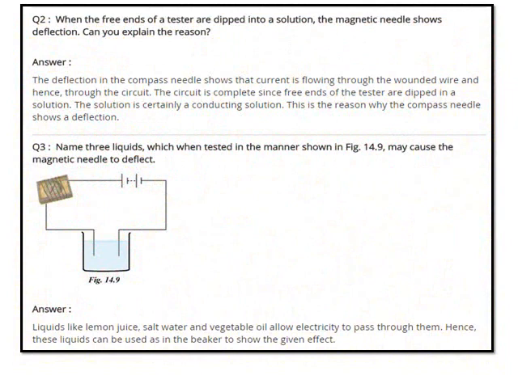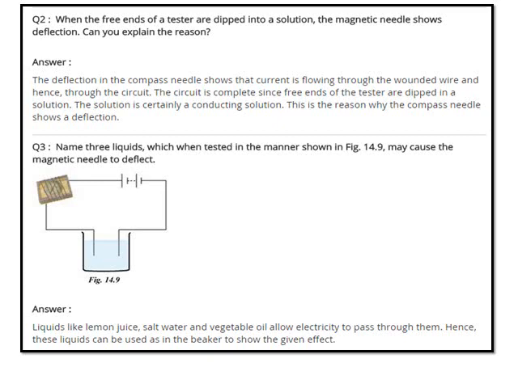Now, let us see the solution for some of the questions which are very important in this lesson. When the free ends of a tester are dipped into a solution, the magnetic needle shows deflection. Can you explain the reason? Answer.